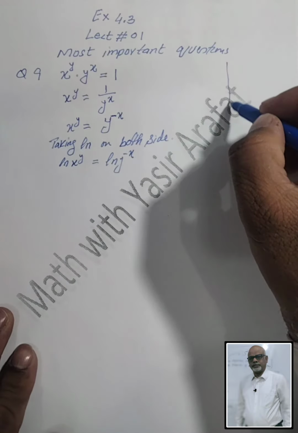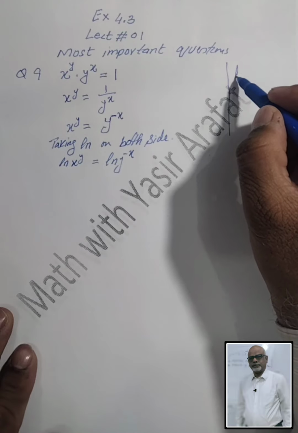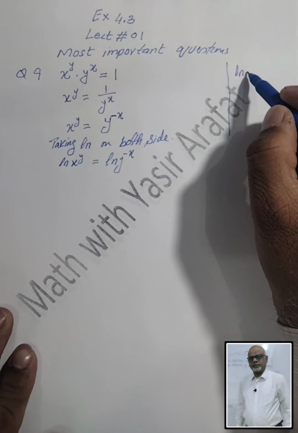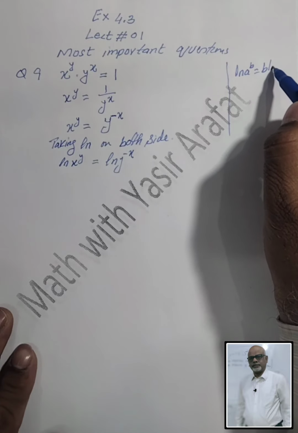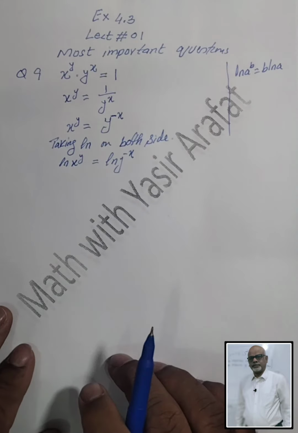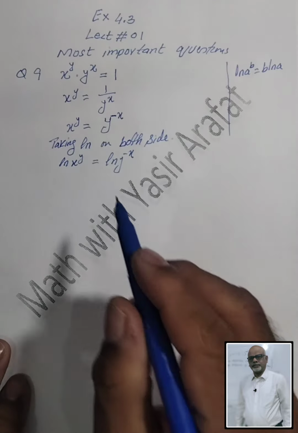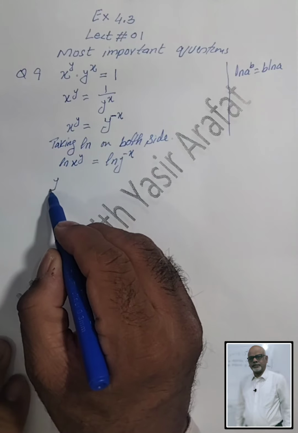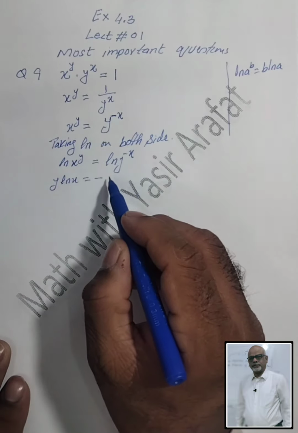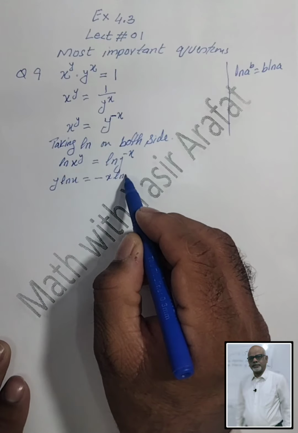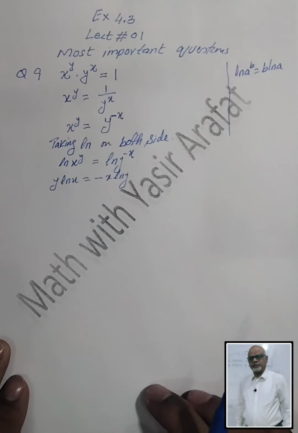So we have a rule for ln function. If we have ln a power b, then the power becomes the coefficient of ln function, log natural. So here this y becomes the coefficient of ln, and this minus x is the power, it becomes the coefficient of ln according to this rule.